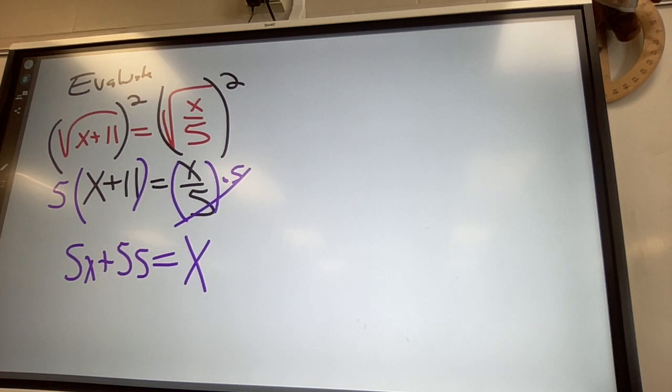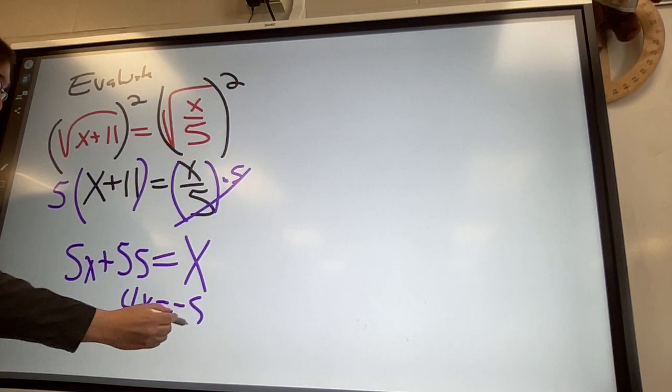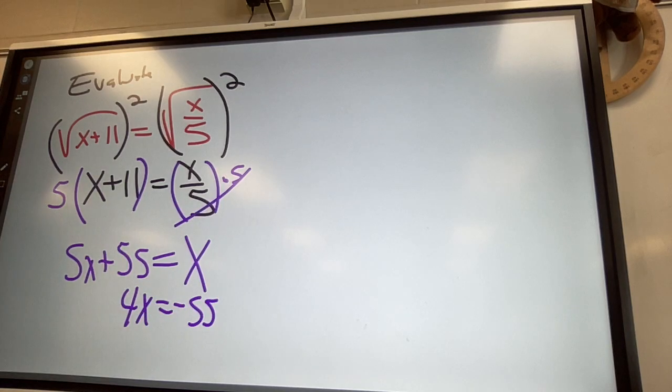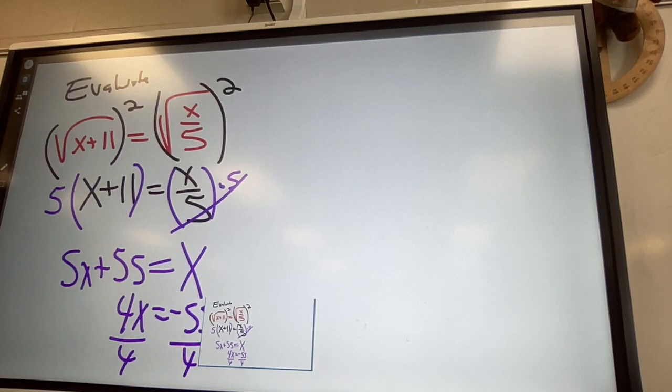I'm going to take away x and take away 55 at the same time. So 4x equals negative 55.